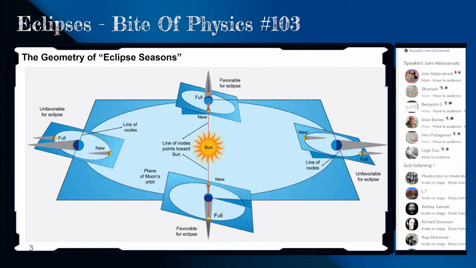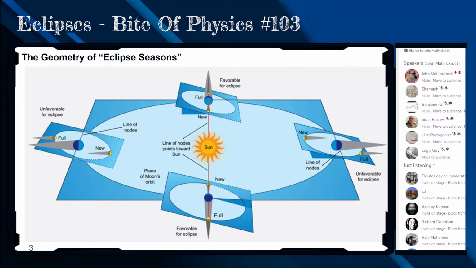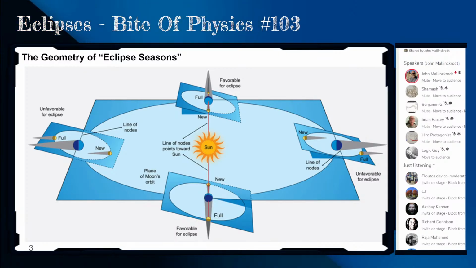Now that might bring up the question: if there are only eclipses every 6 months, why don't we know that eclipses only happen in July and January, for instance? And that's because they don't. Over the course of 20 years, the orientation of this tilt goes through a full 360-degree wobble.